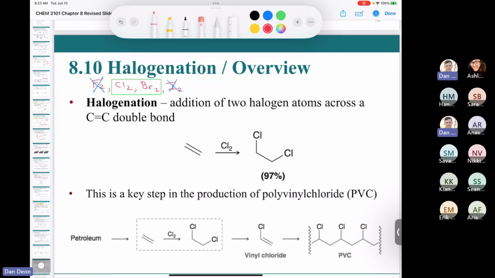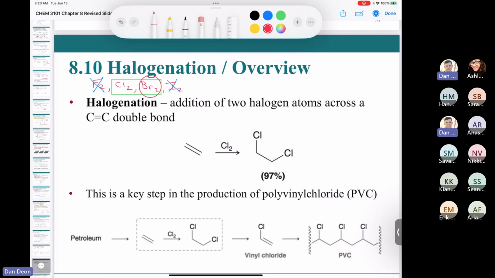So the happy medium is either chlorination or bromination. But I would say, based on the two of these, we look at bromination even more than chlorination, and that will become abundantly clear as we move further in the course. All right, so take a look at this example here.